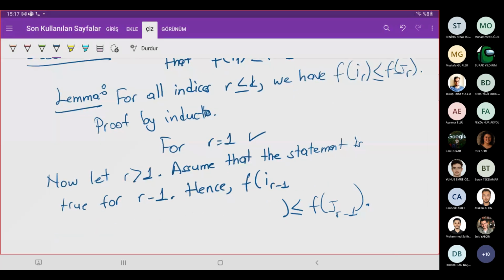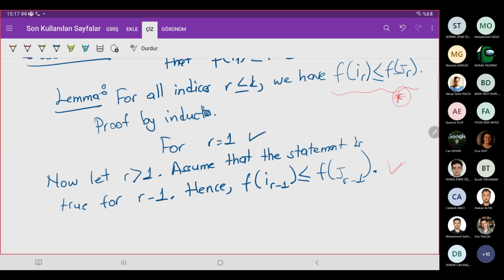Now I want to prove that fir is less than or equal to fjr. How do I prove this? To prove this, assume the reverse of this and obtain a contradiction. The reverse of this is true, and I will obtain a contradiction.